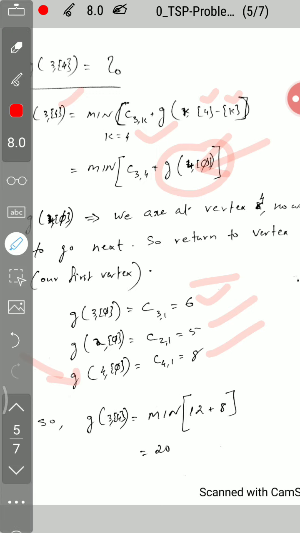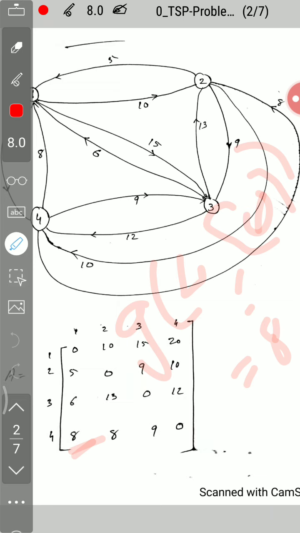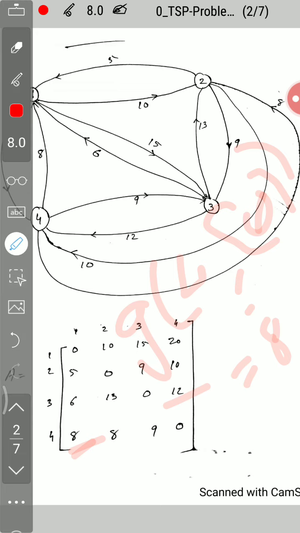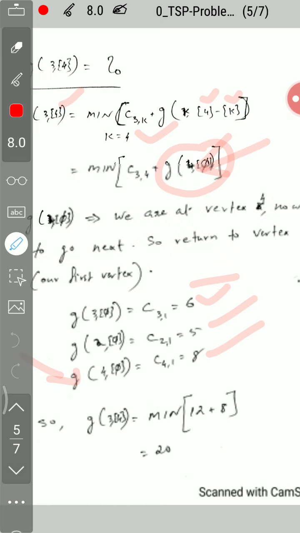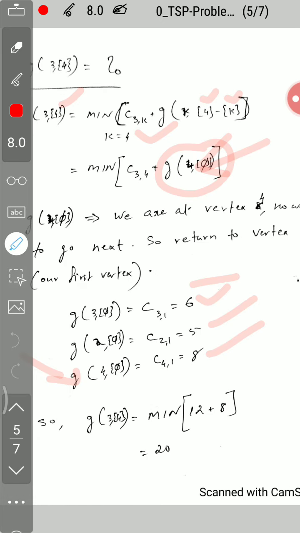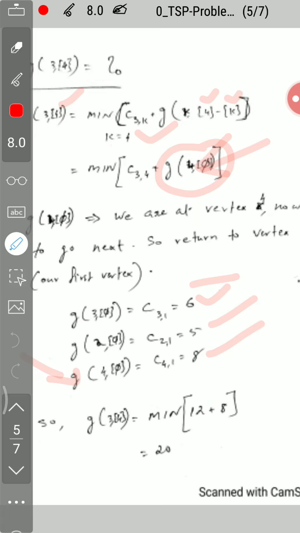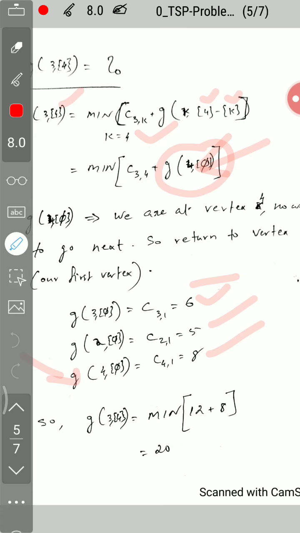What is it? Cost of the edge 3 to 4, it is 12.